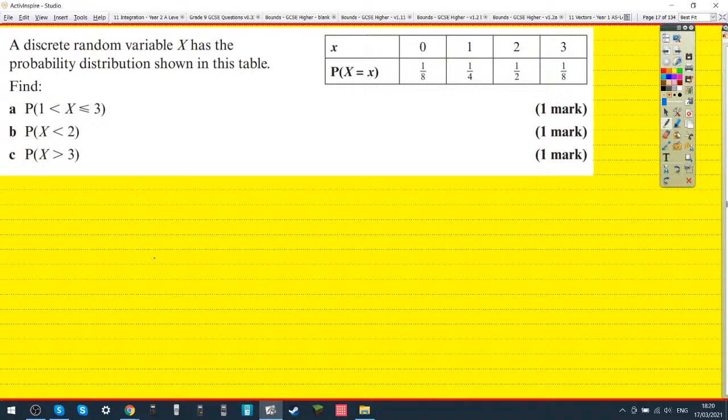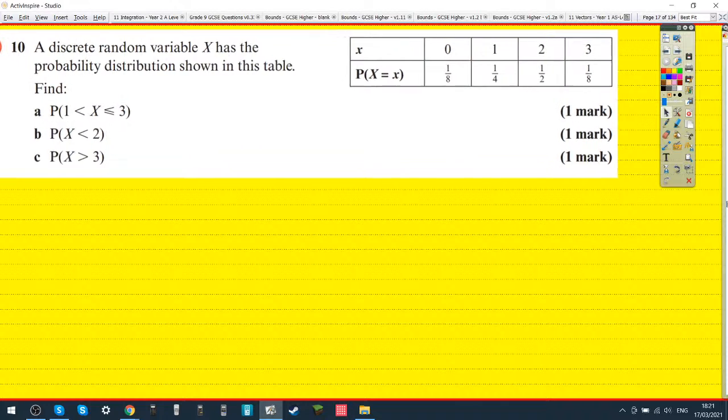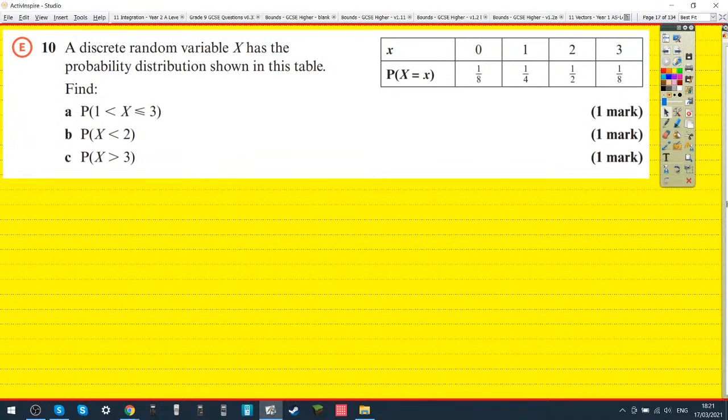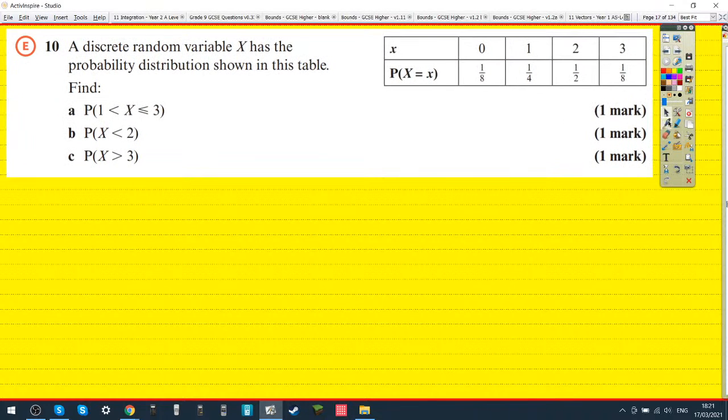Okay, let's try A. Five eighths. 5/8. How about C? 7/8.